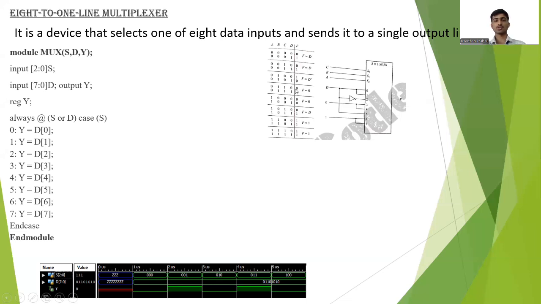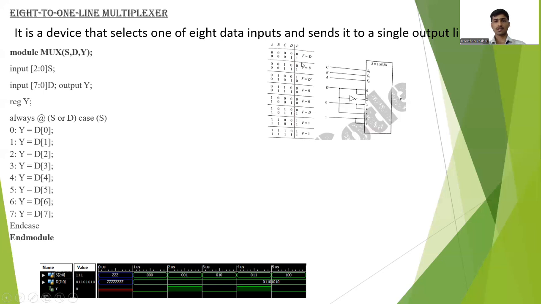Here 0 to 0, 1 to 0, so F equals 0. Again 0 to 0 and 1 to 0, so F equals 0. Again 0 to 0 and 1 to 1, so F equals D. Then 0 to 1 and 1 to 1, so F equals 1, and again 0 to 1 and 1 to 1, so F equals 1.